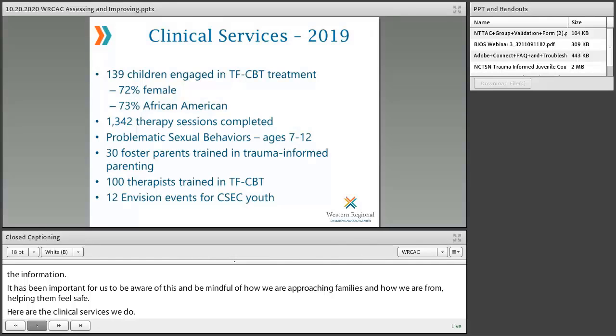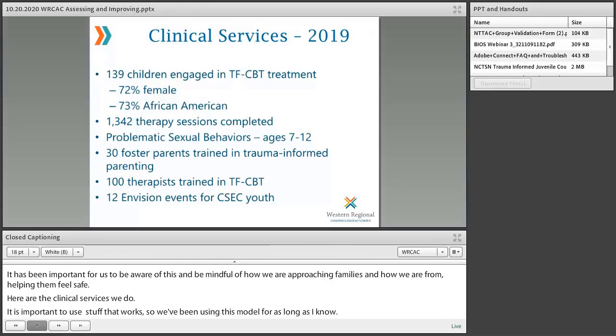This is an evidence-based treatment, and when it comes to being trauma-informed, using what works is really important. We've been using this model for as long as I know. I've been at the Georgia Center 4 years, and I want to say they've been using it for at least 10 years. Again, 72% of our therapy clients are female and 73% are African American.